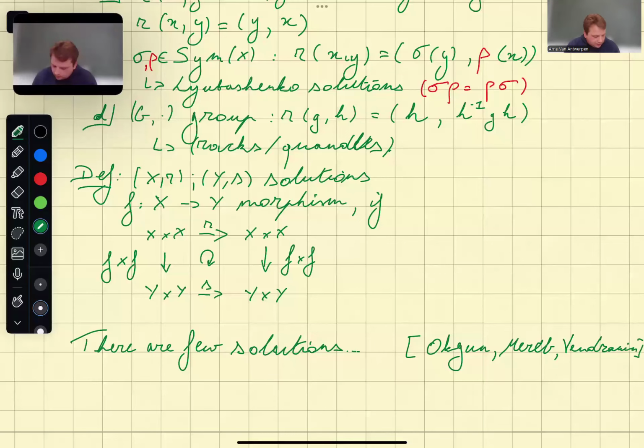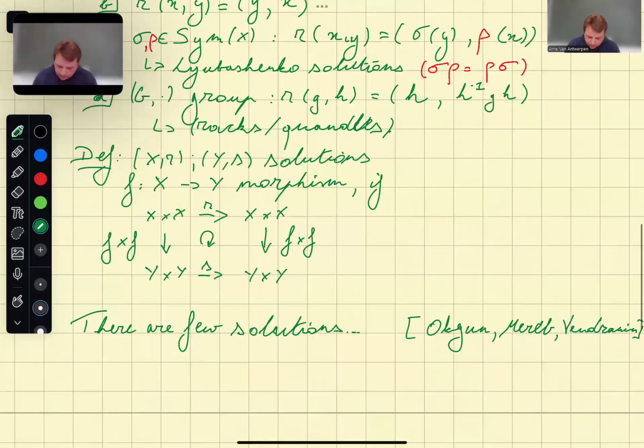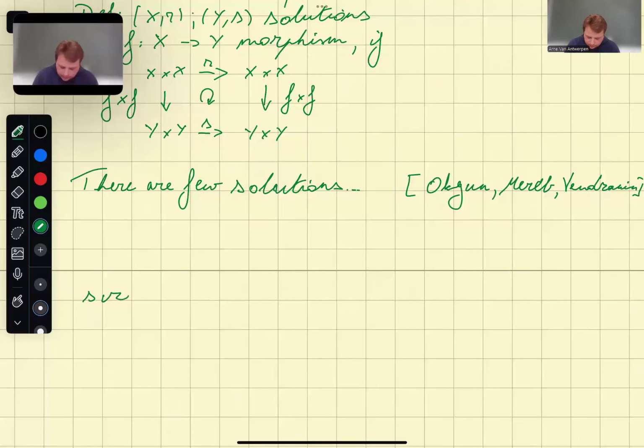It gives you a table. So let's take the size and the number of solutions, and let's start at 4, 5, 6, 7 and 8.